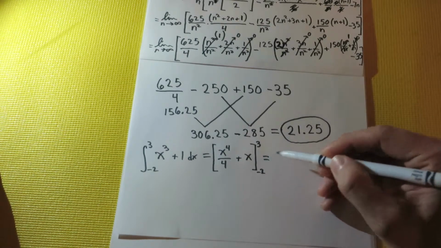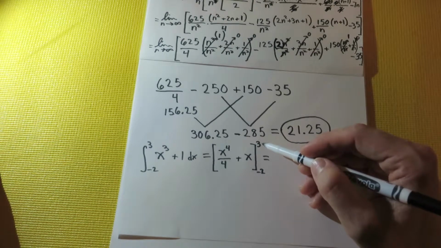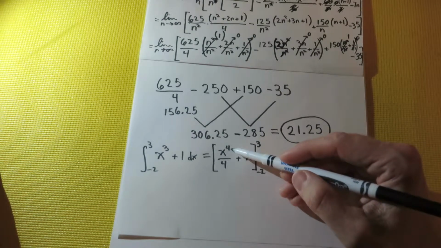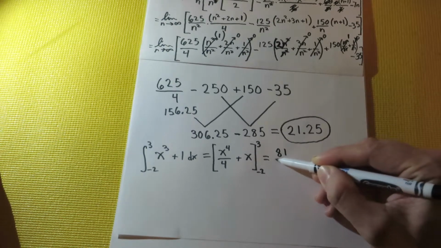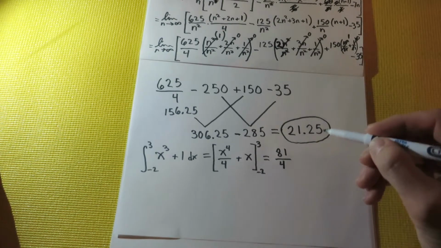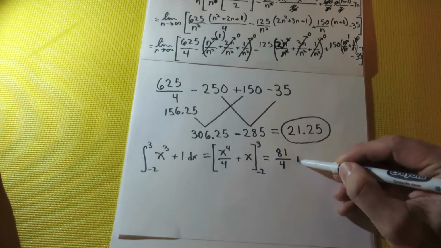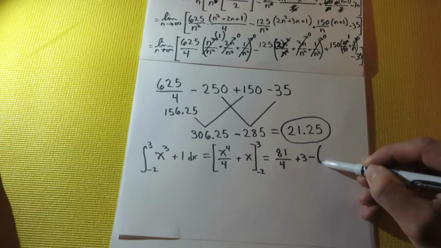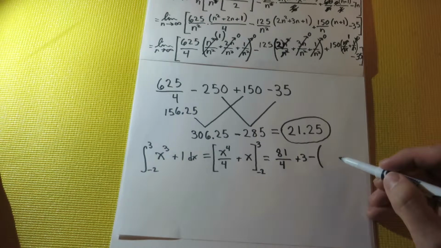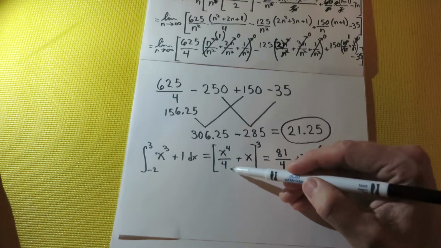So when we have 3 to the 4th power, that's going to be the same as 9 times 9, which is 81 over 4, plus x at 3 just equals 3, minus, I'll put it in brackets here, so we have -2 to the 4th power divided by 4.